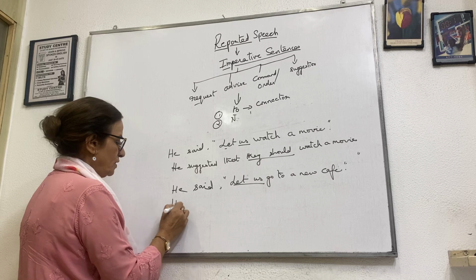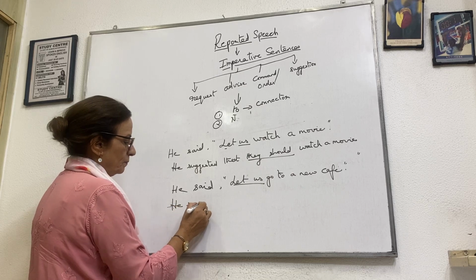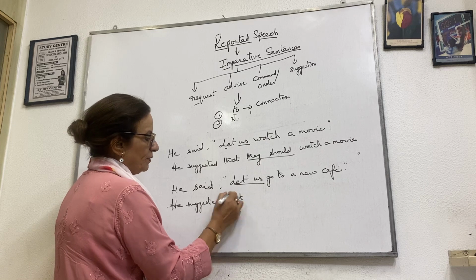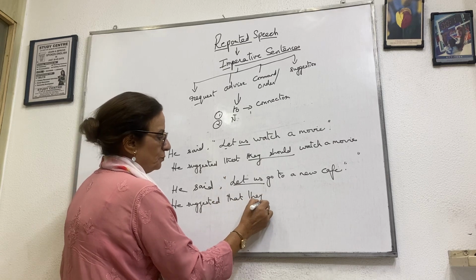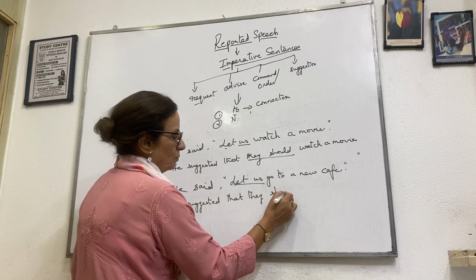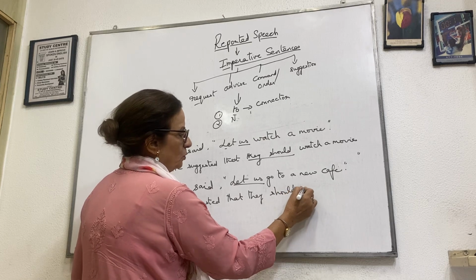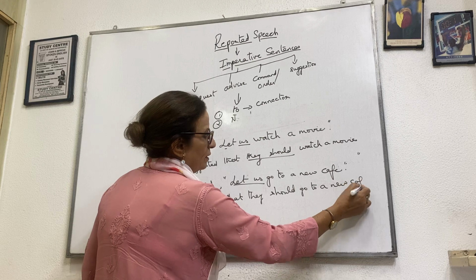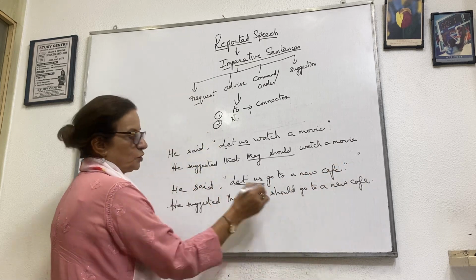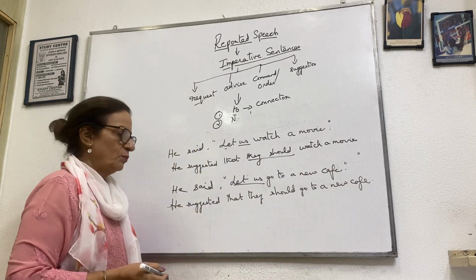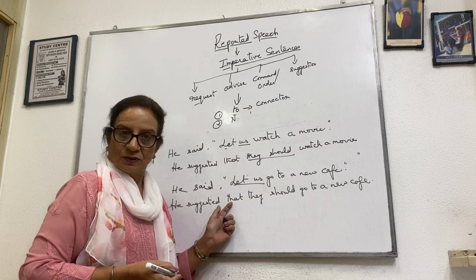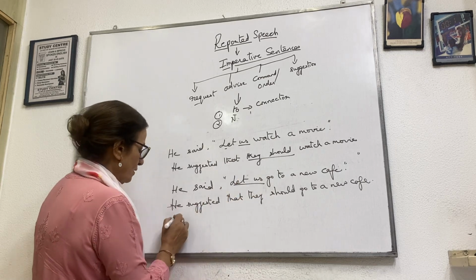So he suggested that, here the connector will become that. They should, and no change in the tense, go to a new cafe. It will remain as it is. Only here it will become they should. Let us will change to they should and the connector will be that. Understood?